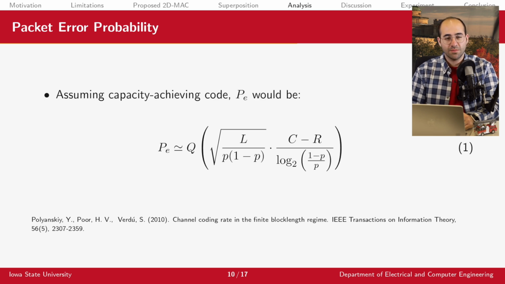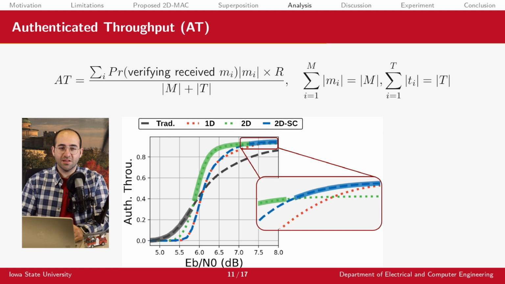Now, let's define the comparing metrics. Our performance metric is authenticated throughput, the expected verified information bits divided by total transmitted bits. As shown in the formula, M is the total message codeword bits transmitted, and T is the total tag codeword bits that have been transmitted.